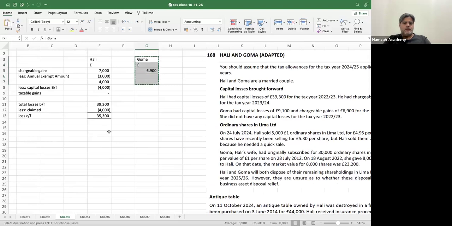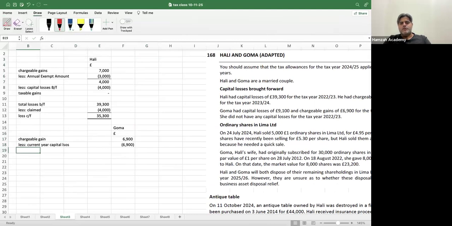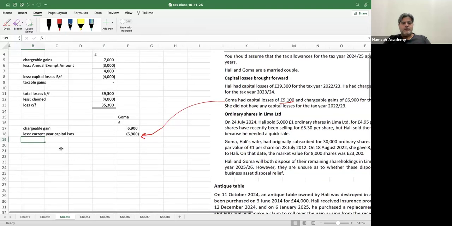This is going to be my chargeable gain of 6,900 less the current year capital loss. I am going to deduct the loss against this gain because Goma has the loss in the current year as well. So the net gain is going to be 0.